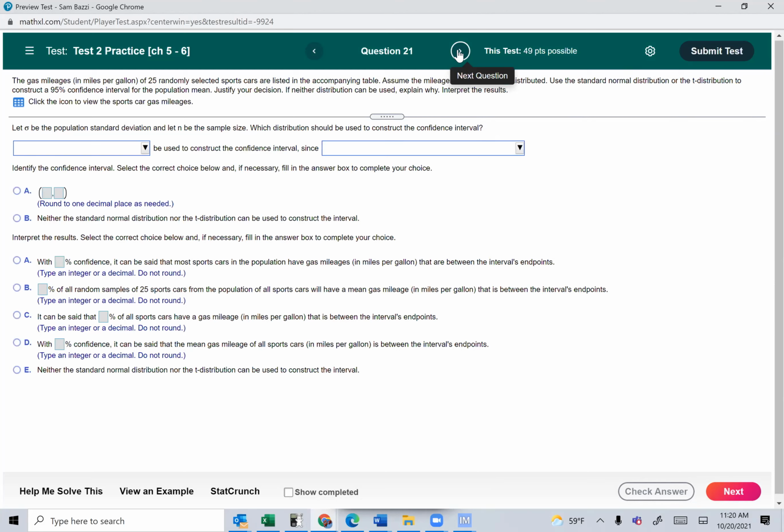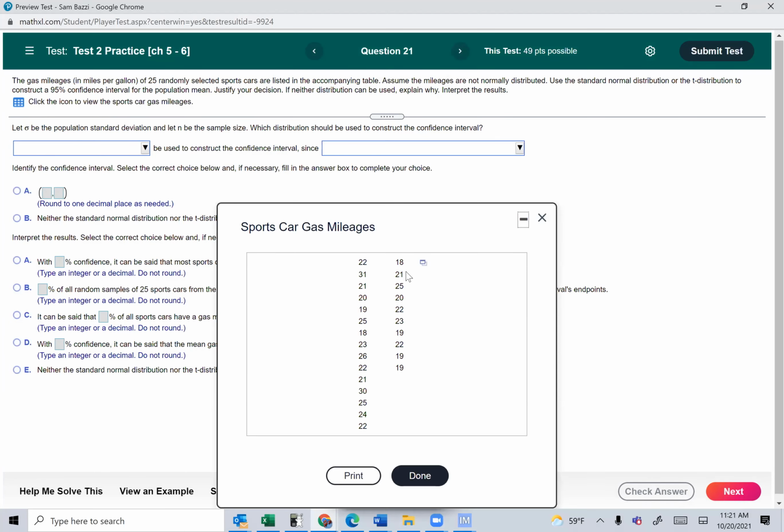The gas mileage in miles per gallon of 25 randomly selected sports cars are listed in the accompanying table. Assume the mileages are normally distributed. Use the standard normal or the T distribution to construct a 95% confidence interval. Well, if he gives you data, guys, you have to use T interval. He didn't give me sigma, so it's T interval.